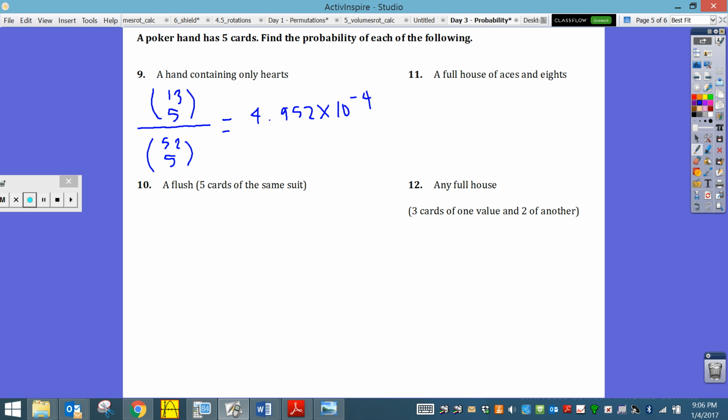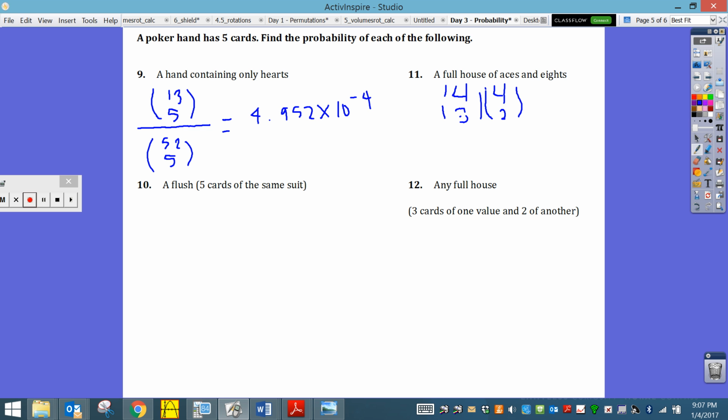So I'm looking at a full house of aces and 8s. Now, let's look at it first as, what if I had 3 aces? Out of the 4 possible aces I have, I'm going to choose 3 of them. And then 8s, out of the 4 possible 8s there are, I'm going to choose 2 of them.